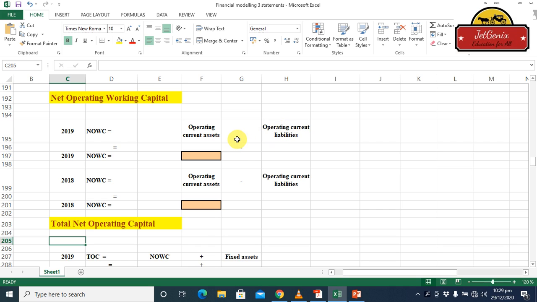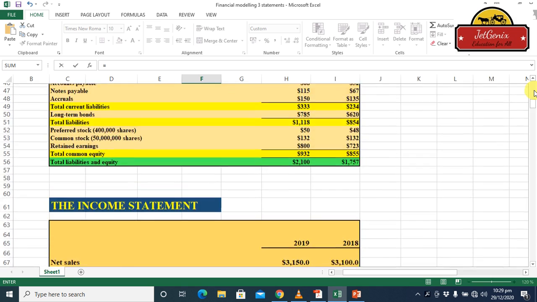If you want to calculate the operating current assets for 2019, I'm just going to press equal and then select all the operating current assets which we can find in the balance sheet we have developed before. So just scroll up and go to the balance sheet.